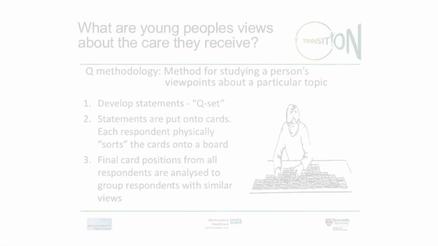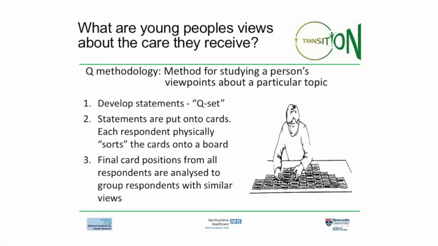What we do there is we develop a set of statements describing a service, describing the type of care they receive, and then we ask the person to place those statements on a board, which you can see a representation of there. One side represents statements they really want, they really like, they're strongly in favour of, and the other side, things they don't like, they don't agree with.